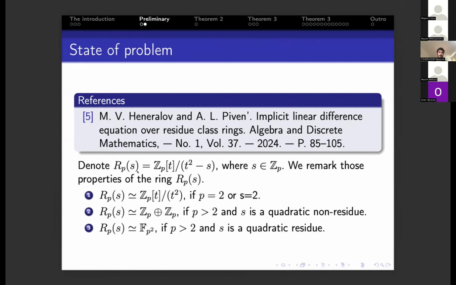Pay attention to the fact that solving it over a field is not very interesting, because we can divide in the field in any case if it's not a zero element. And thus the most interesting cases are solving it over the special ring and over the direct sum of two fields.